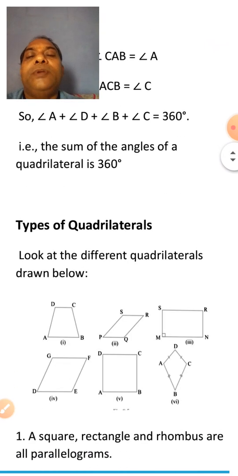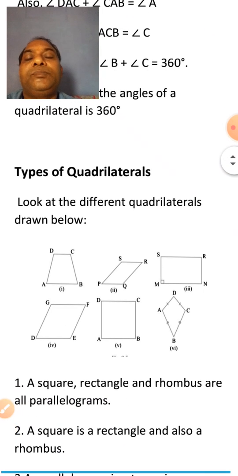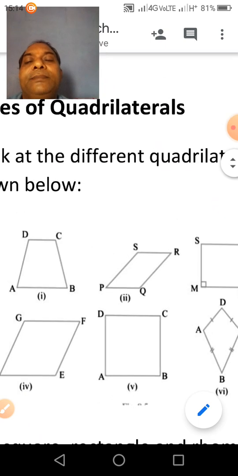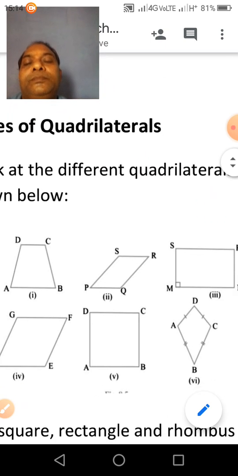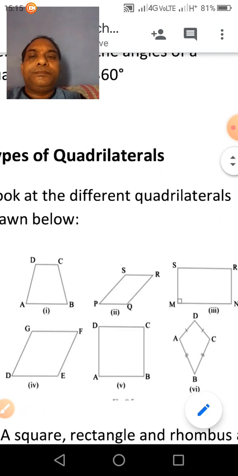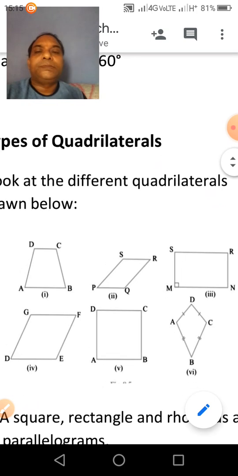Now types of quadrilateral. There are different types of quadrilateral: trapezium, parallelogram, rectangle, rhombus, square and kite.